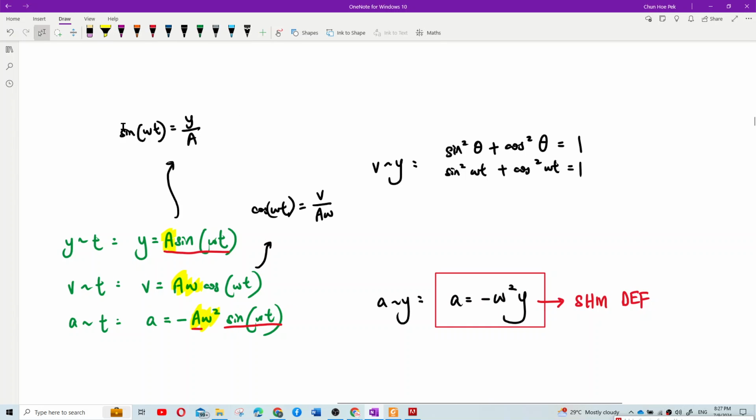So sine omega t is y over a. So y over a square plus cos omega t, v over a omega. So v over a omega square equal to 1. So what do I do?